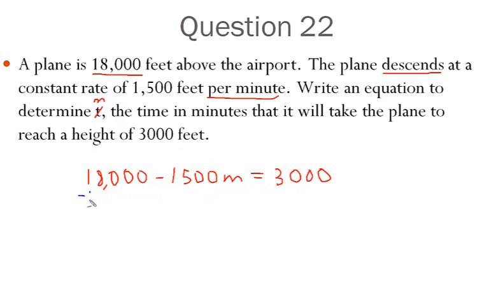I'm going to start by subtracting 18,000 from both sides. That will cancel out this term here. I get left with negative 1,500 m equals 3,000 minus 18,000, which will give me negative 15,000.